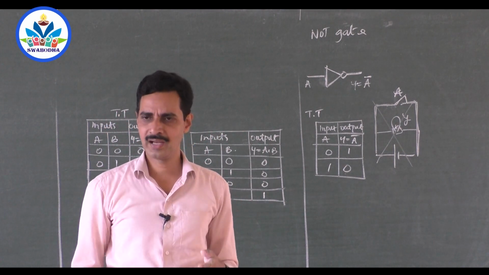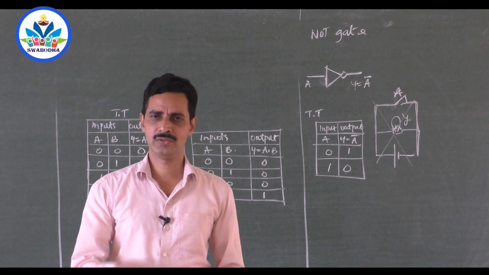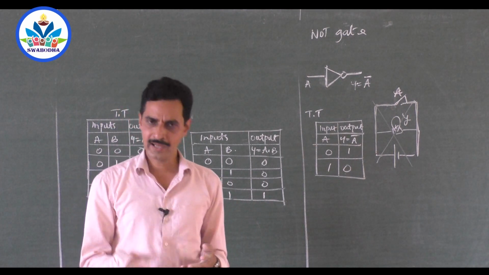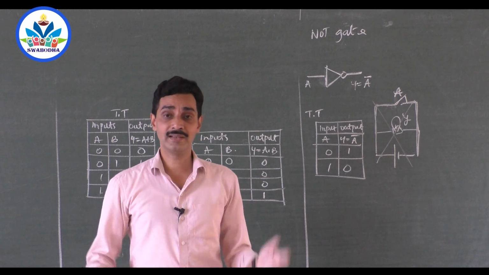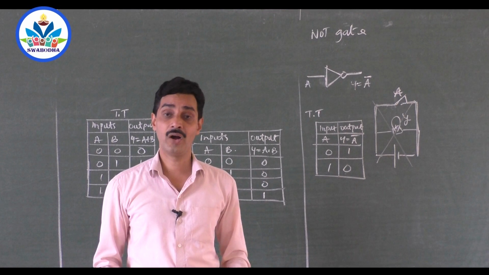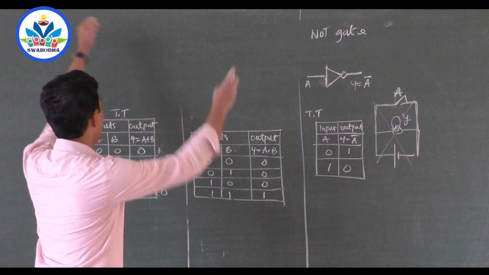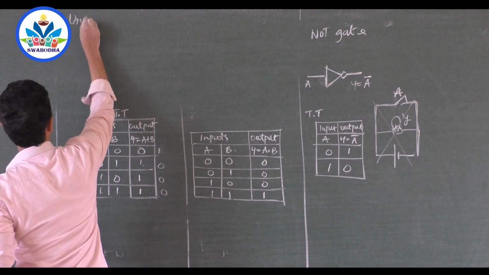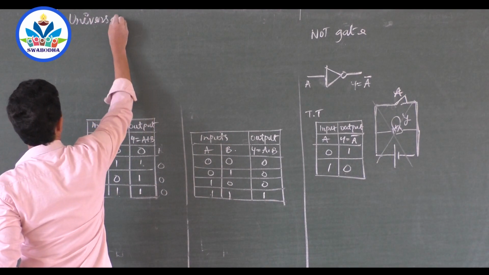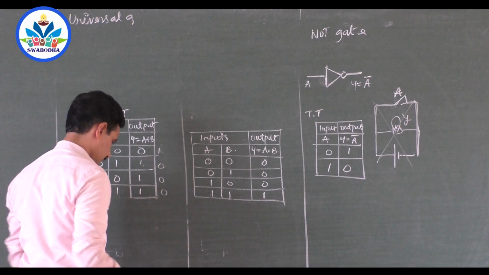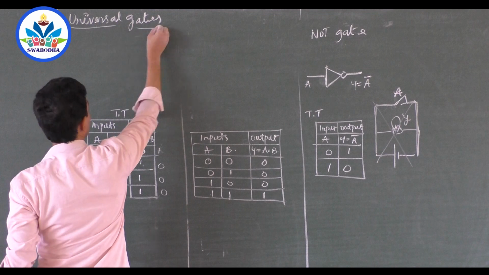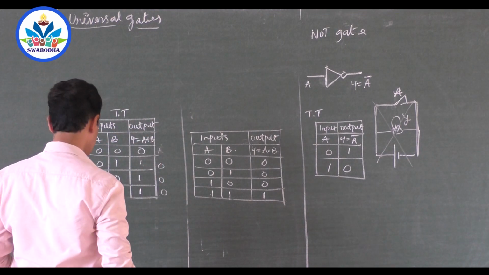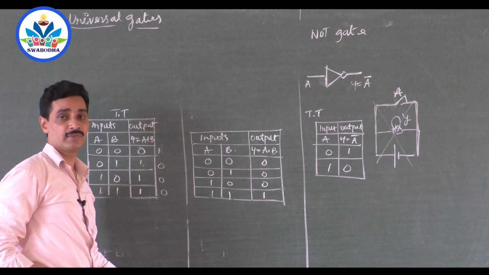Whether you want an OR gate, a NOT gate, or an AND gate, whatever type of gate you want, you can construct it using NAND or NOR gates. So they are called universal gates. What are universal gates? NAND and NOR gates are called universal gates because you can construct any type of gate using them.